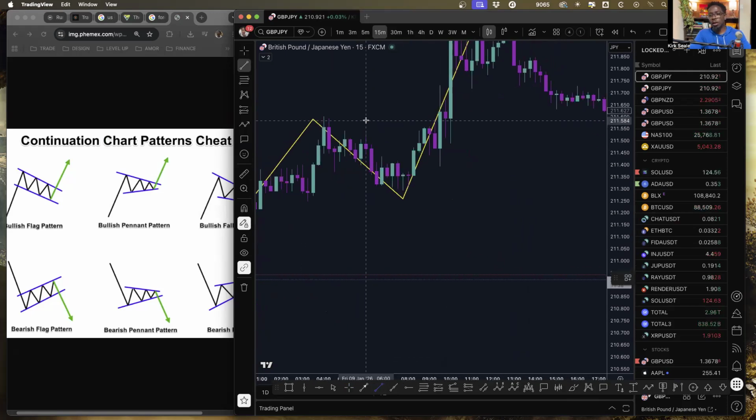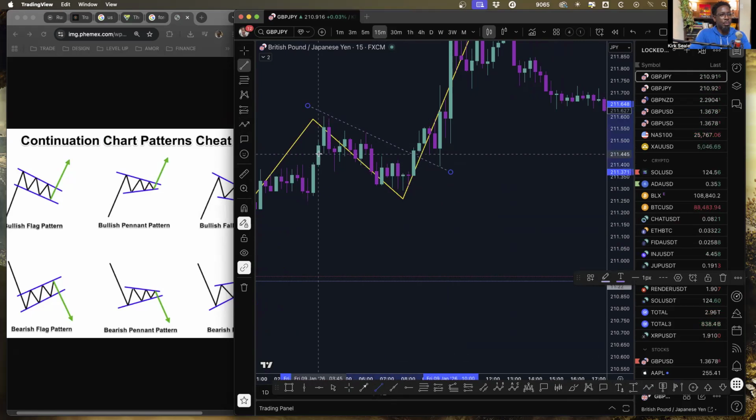Now we're going to go all the way back to primary school, to those dot-to-dot books, and draw a line that connects the top of these wicks. Then we come down to the bottom and try to connect as many of those wicks as possible. We don't need to get all of them. It doesn't need to be perfect.